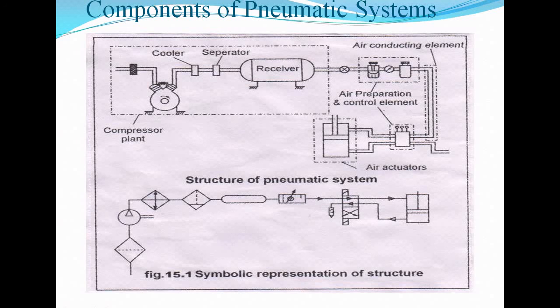In the below you can see there is a symbolic representation of the structure. So this is the symbol for filter, then compressor, then this is the separator, then this is the FRL unit, then this is the direction control valve, this is the actuator, and this is the muffler or silencer.